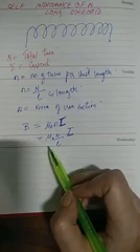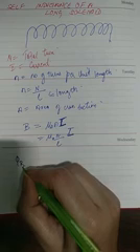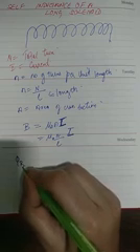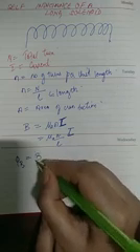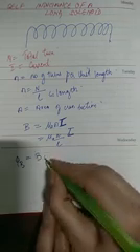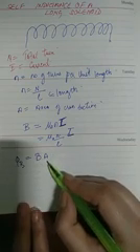Now mu naught is the permeability of free space or permeability constant. Next, to find the self-inductance, you have to find the flux. Flux is equal to the magnetic flux in each turn, which will be B into A, magnetic field into area of cross section.